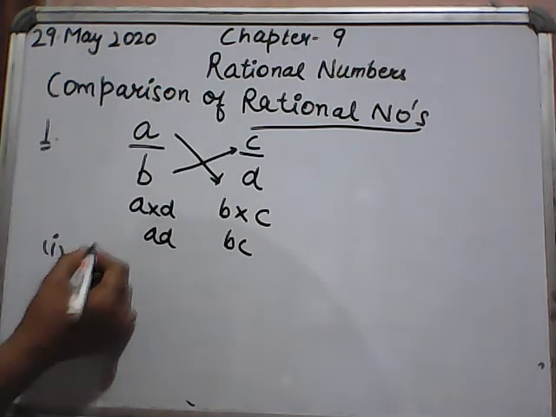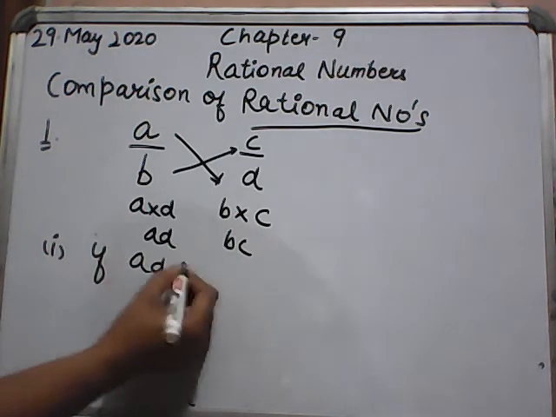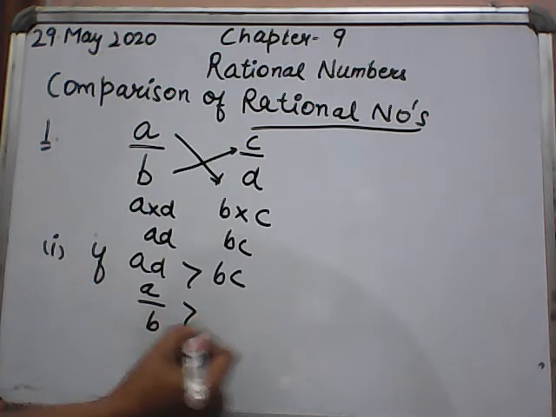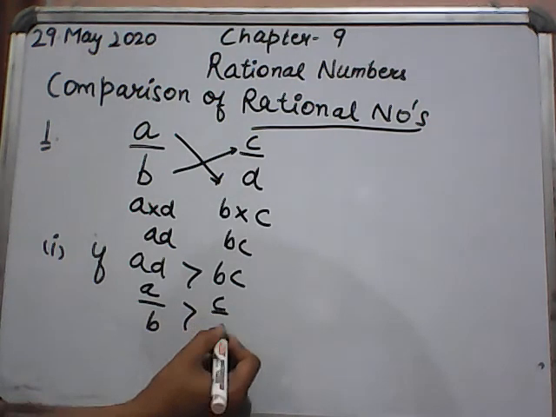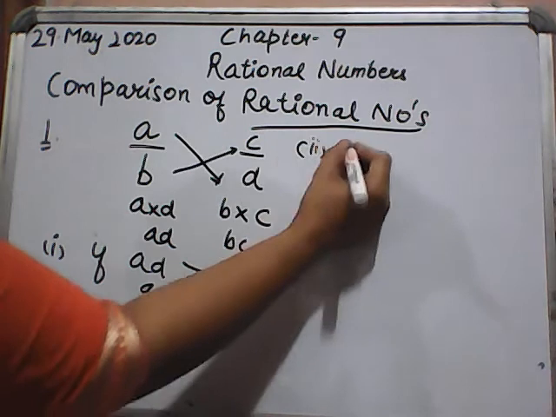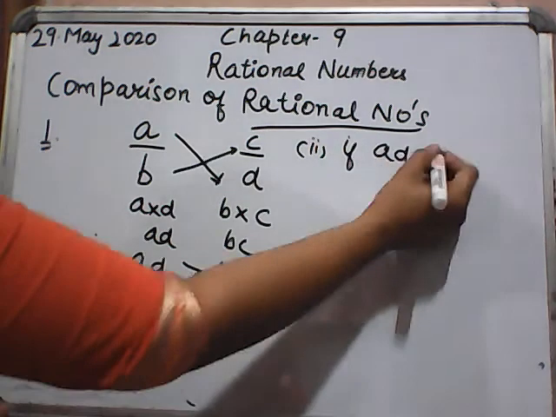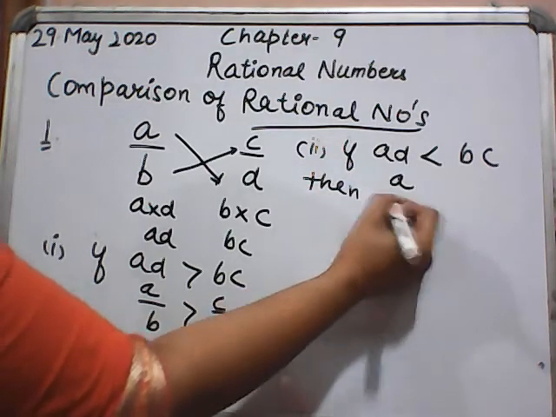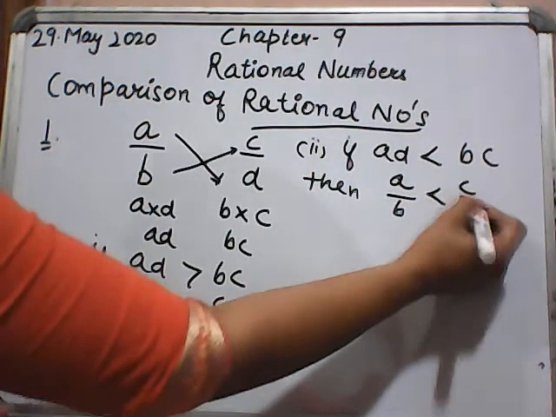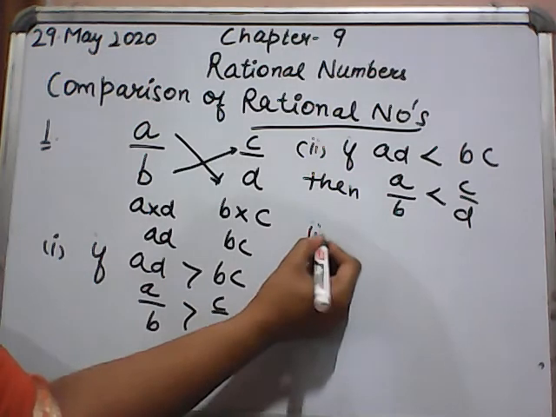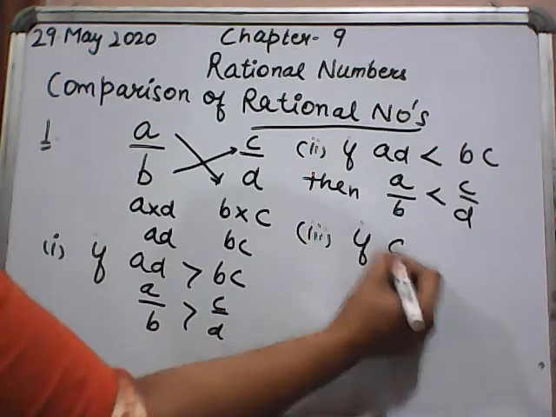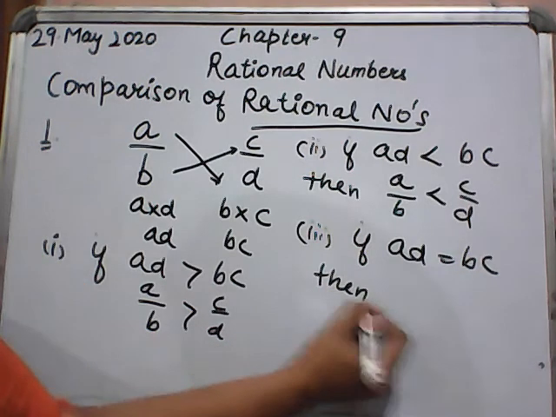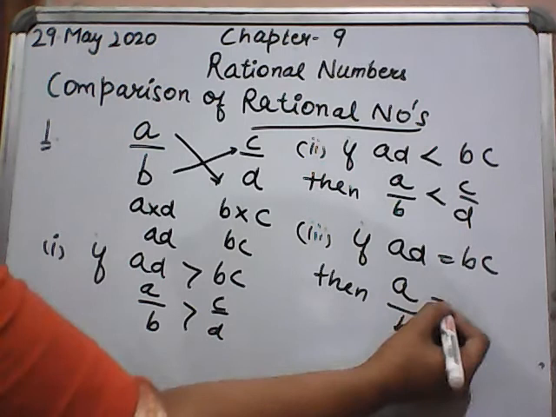First condition: if AD is greater than BC, then the rational number a by b is greater than the rational number c by d. Second condition: if AD is less than BC, then a by b is less than c by d. Third condition: if AD is equal to BC, then a by b is equal to c by d.